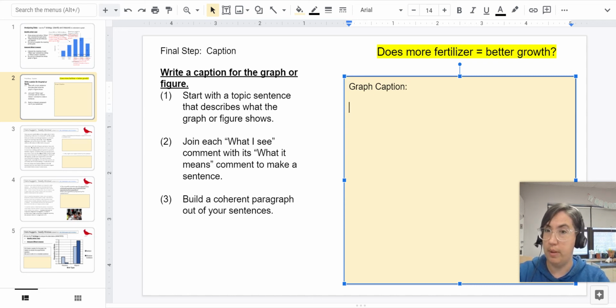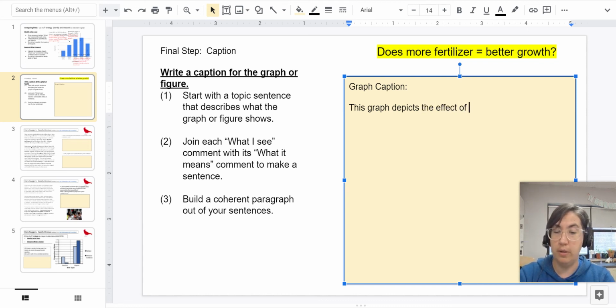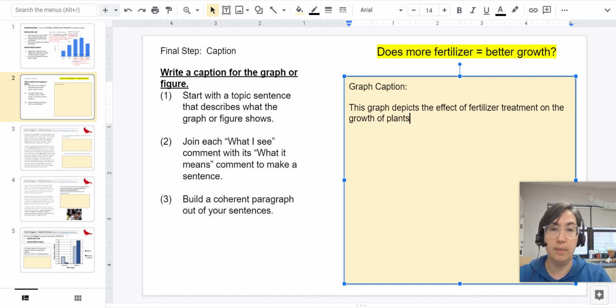So this graph depicts, that means it shows, the effect of fertilizer treatment on the growth of plants. And then we need to join our what I see comment with the what it means comments to make a sentence.